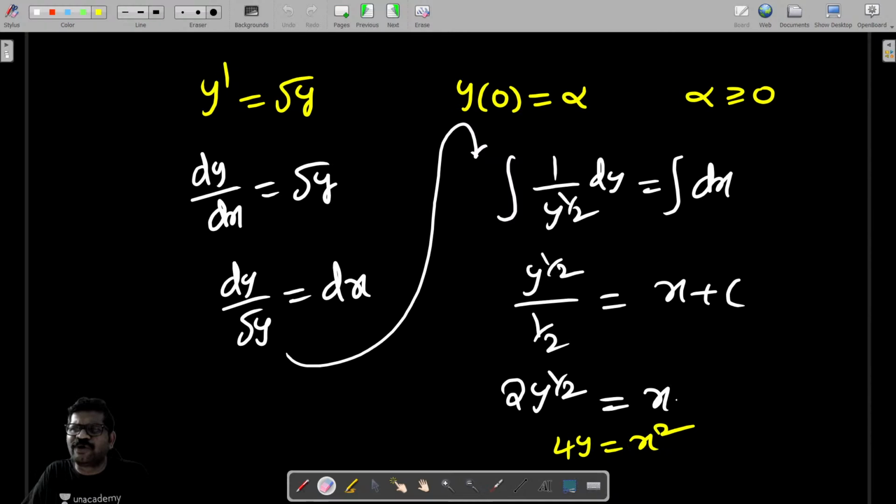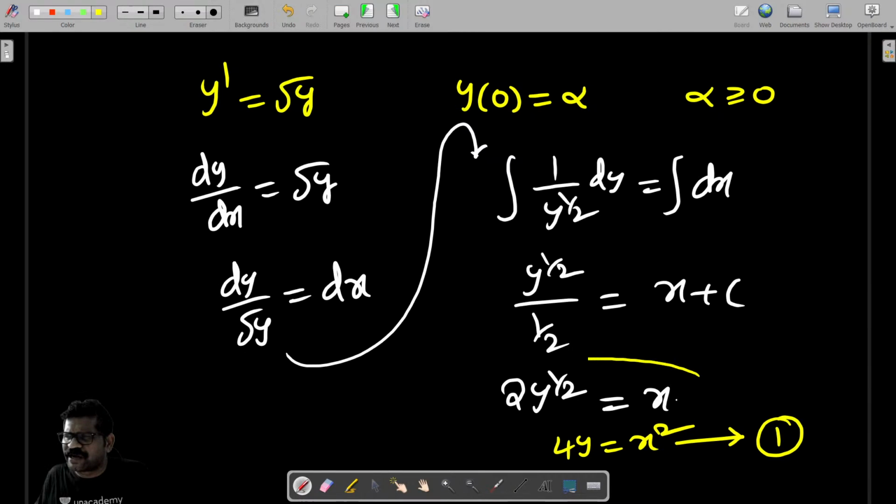Now 4y equal to x square, called equation 1. Now either 4y equal to x square or 2 into y power 1 by 2 equal to x, both are correct. Now when alpha equal to 0, here we have two conditions.